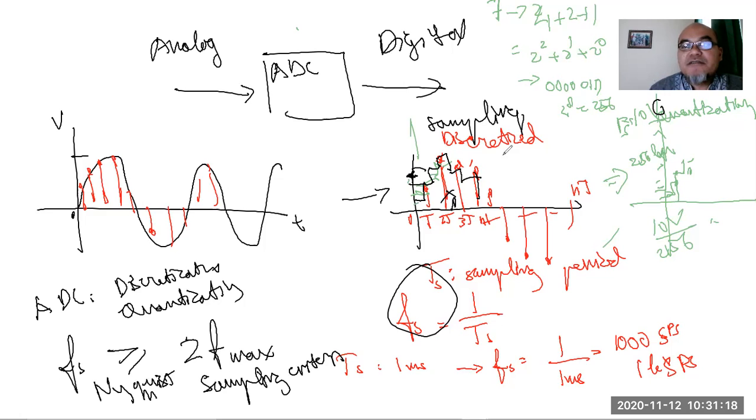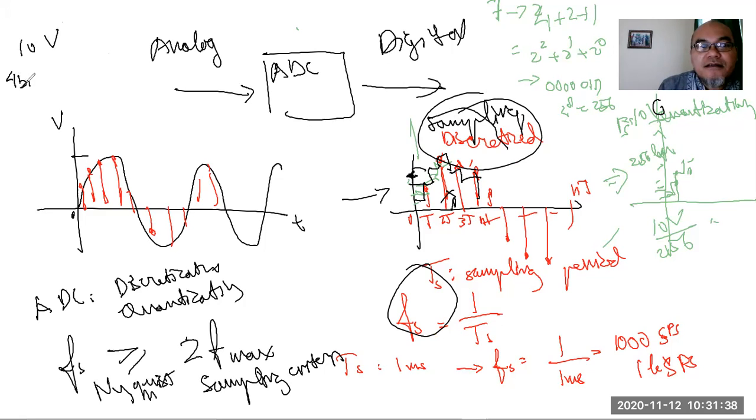This is in terms of sampling. Then in terms of quantization, the more bits we have to quantize the value of the analog signal, the higher the resolution. For example, if our full scale range is tenfold and we have only 4 bits, the resolution will be tenfold divided by 2 to the power of 4, so tenfold divided by 16.